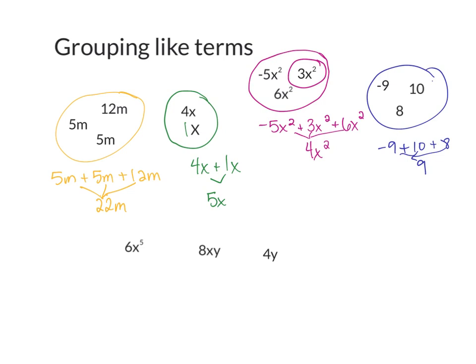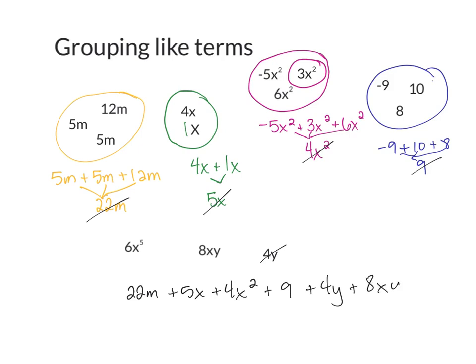We can talk about order later, but my m's, so 22m, I'm going to cross it off so I know I have it, plus 5x, cross it off, plus 4x squared, cross it off, plus 9, cross it off, plus 4y, cross that off, plus 8xy, cross that off, plus 6x to the 5th, cross that off. So I've got all of my terms accounted for. Like terms have been added. So that's combining like terms. The next video is just going to have some examples of that.